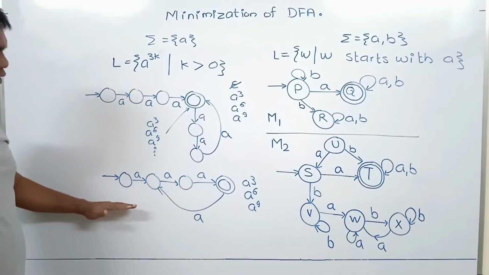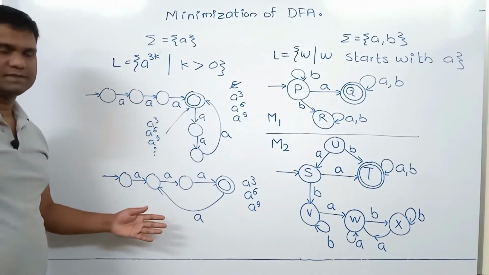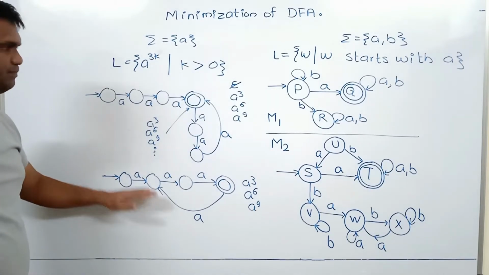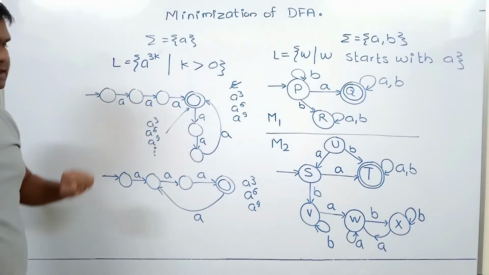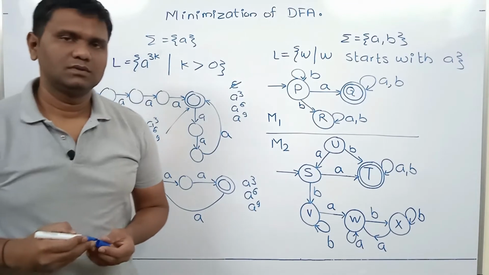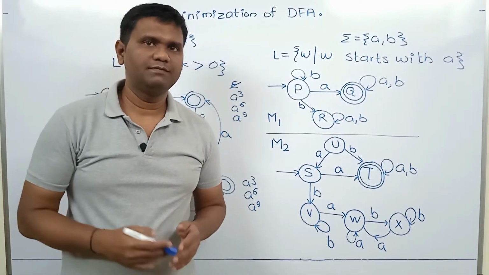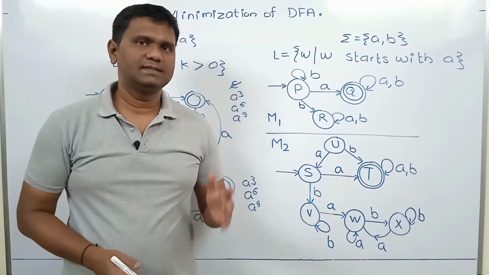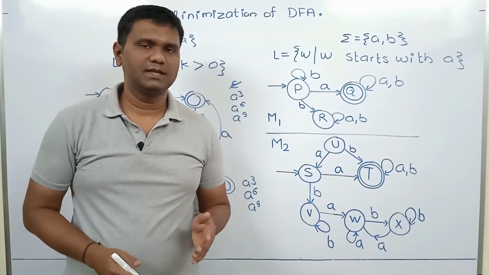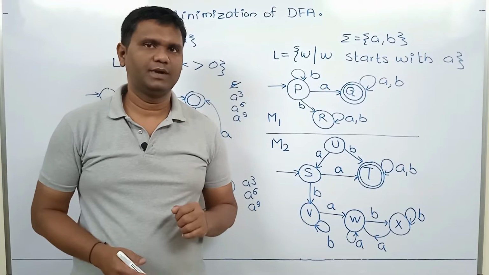So while developing the logic we may end up adding more number of states. Here we have 4 states, here we require 6 states. Now sometimes DFAs are implemented in the software if required. For example, lexical analysis phase of compilers uses deterministic finite automata.